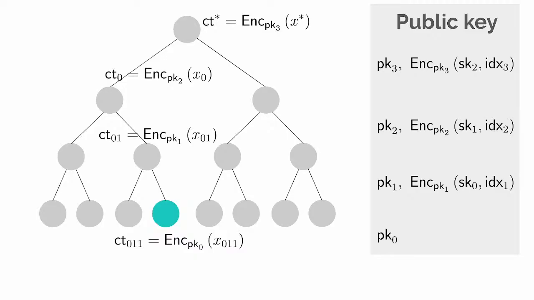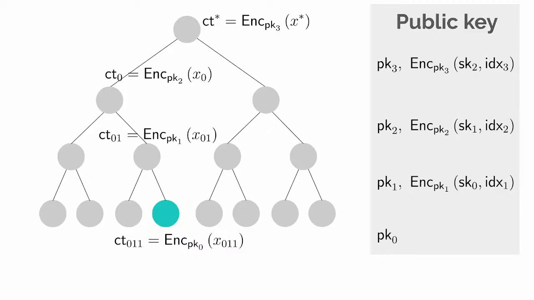I'm going to release the public key of all levels, and at every level, I'm going to encrypt under the current level's public key the next level's secret key, but I'm also going to encrypt the index that I want to select. Here, the index I want to select is 0, 1, 1. So I'm going to encrypt the next bit in the index.